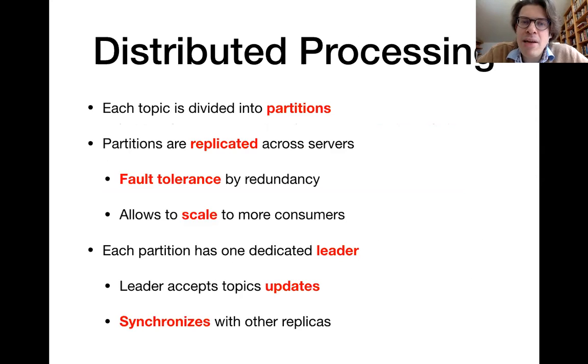Each of those topics is divided into partitions and at the same time replicated across multiple servers, which as usual gives us fault tolerance, because if one of the servers fails, then we can recover the corresponding partition from others. And it also allows us to scale to more consumers.